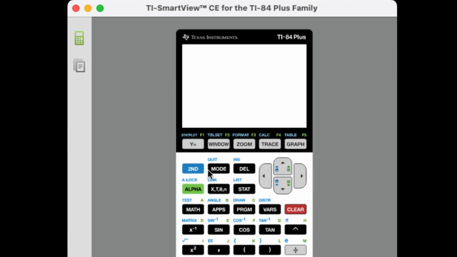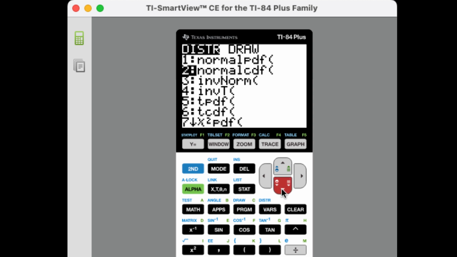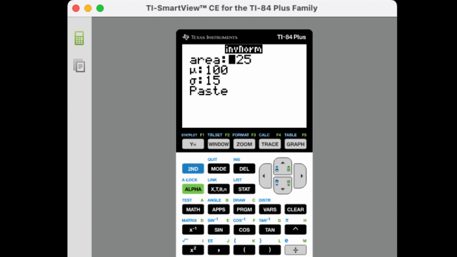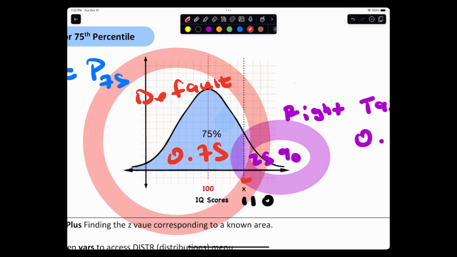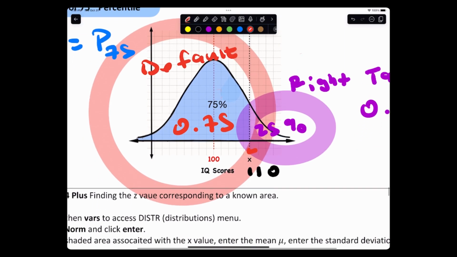Clear that out. You say second distribution, inverse norm, 75%, ladies and gentlemen. Let's see. Sure enough, what do we get? We get the same answer, don't we? Is it 110? It is.